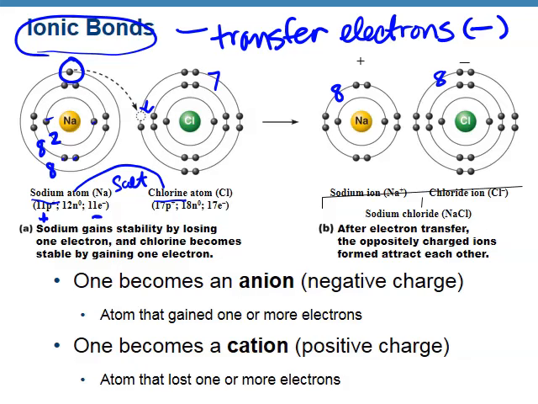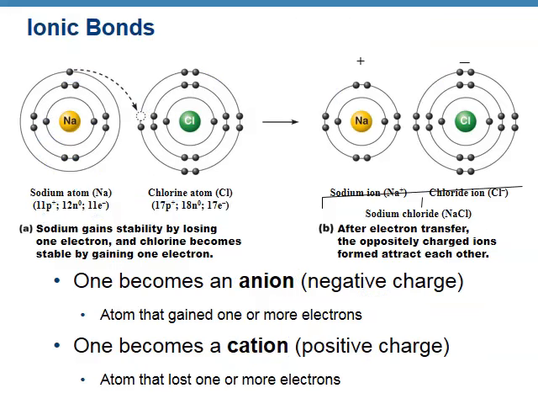You can see here at the bottom some definitions, anion and cation. Some people say anion and cation. Either way is fine. An anion is if you have a negative charge, and a cation is something that's positively charged. So what they're trying to say, let me erase some of this.